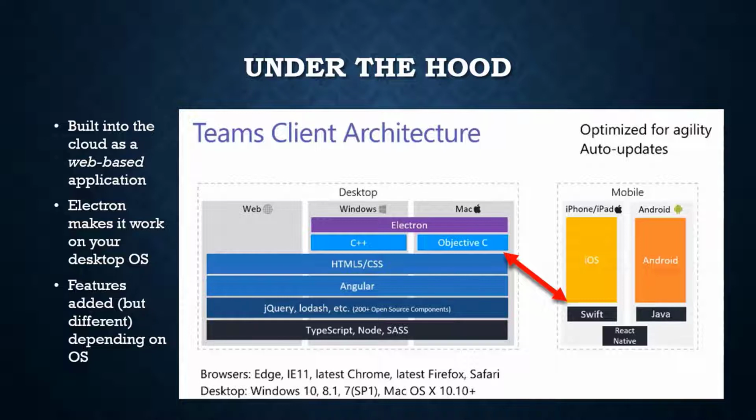So that's why Teams on a phone works very differently than Teams on a desktop, because it's an entirely different code base from that HTML layer on up. So if you're wondering why it works differently depending on what device it is, that's why.